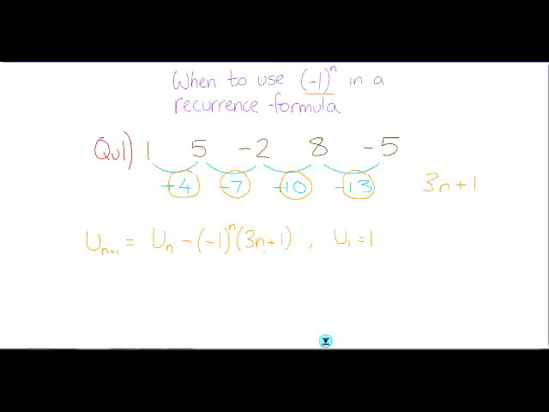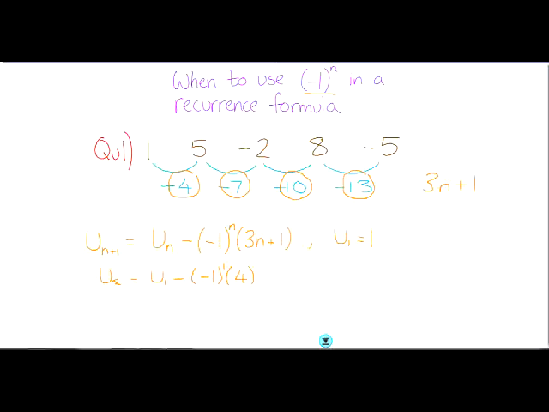Let me prove to you why this works. If we take u2, when n is equal to 1, u2 is u1 minus, remember n is 1, so we're going to put it to this, and 3n plus 1 is 4, when n is 1. Okay, so we've got subtraction, we've got indices, we've got multiplication.